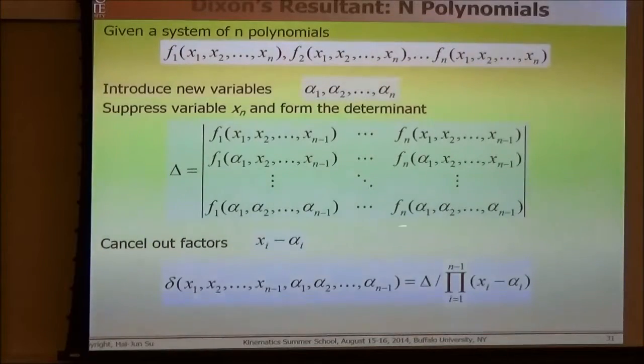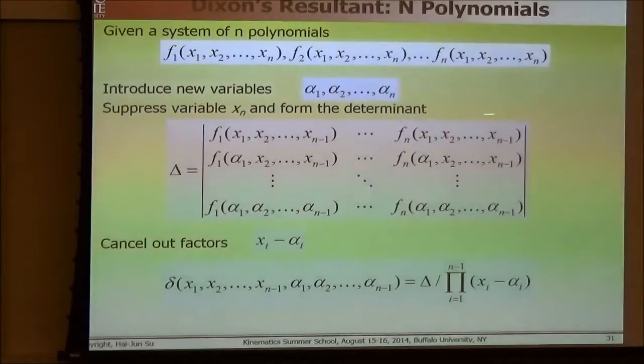Then you calculate this determinant. The first row is nothing more than the original equation, but with xn suppressed. The second row replaces x1 in the first row by alpha 1.